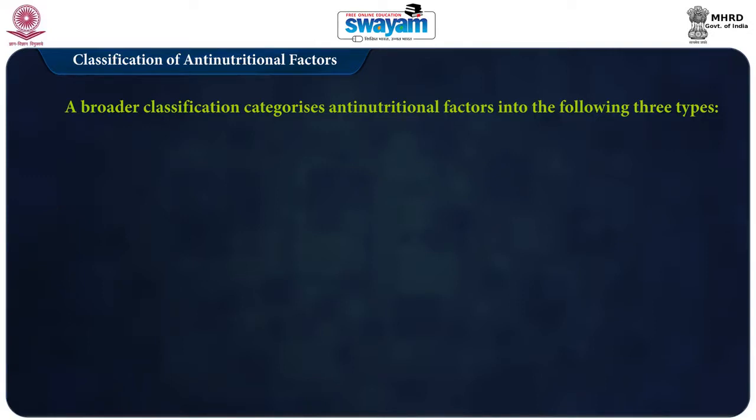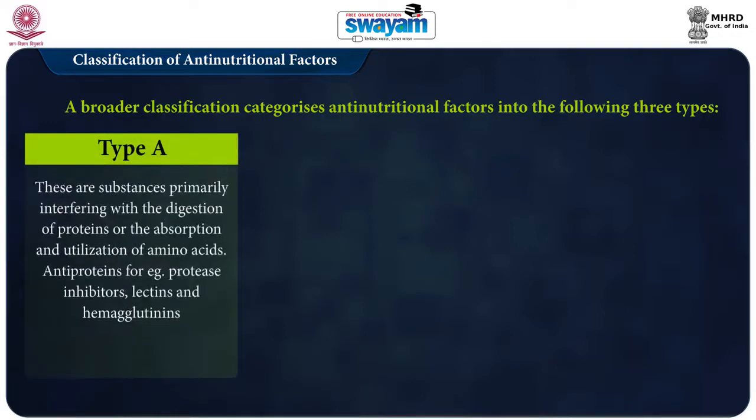There is a broader classification which categorizes anti-nutritional factors into the following 3 types. Type A, these are substances primarily interfering with the digestion of protein or the absorption and utilization of amino acids.